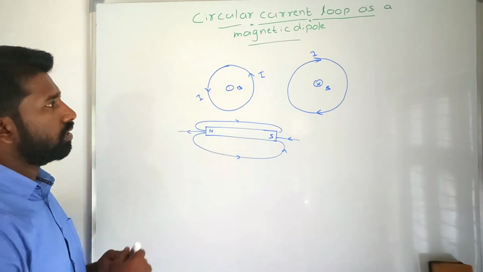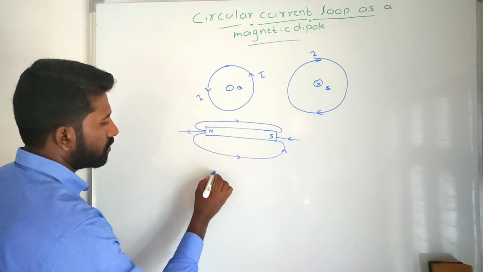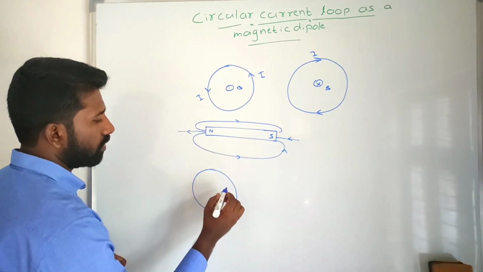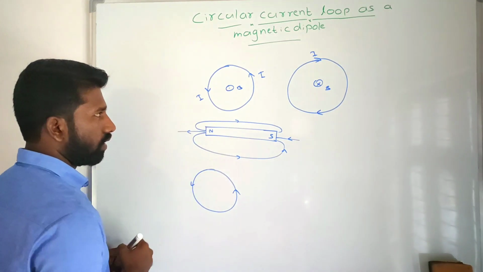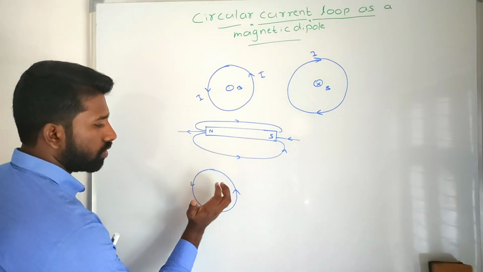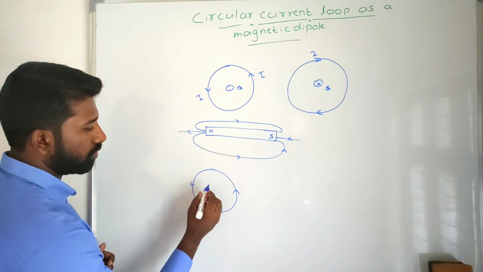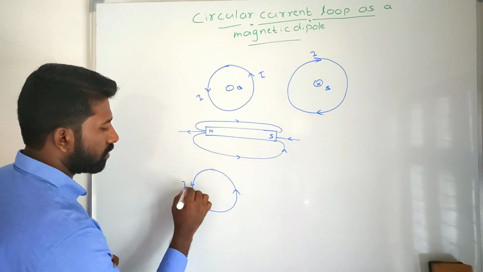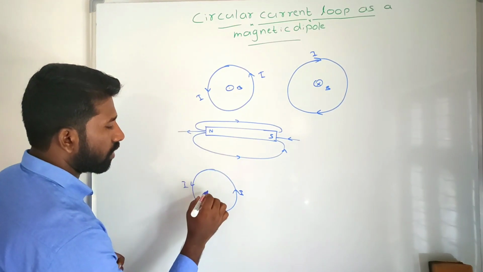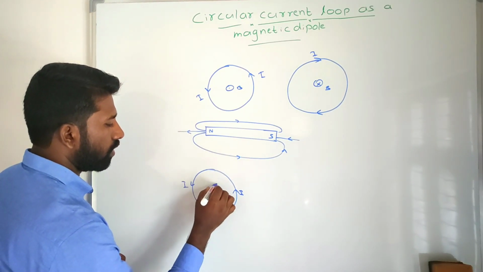So I can change this like this: if the current is going like this, you see that the magnetic field line is coming out from this loop, that is, this side acts like a north pole, like this.